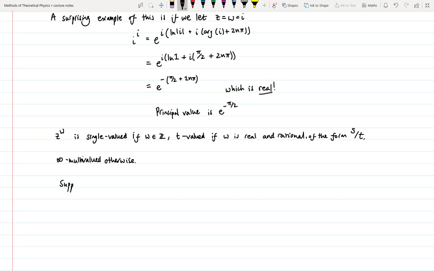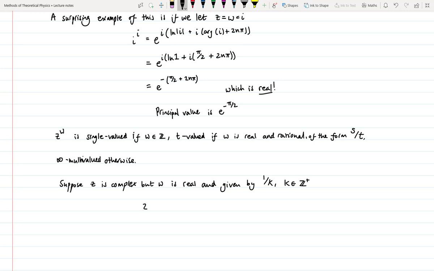Suppose z is complex, but w is real and given by 1 over k, where k is a positive integer.